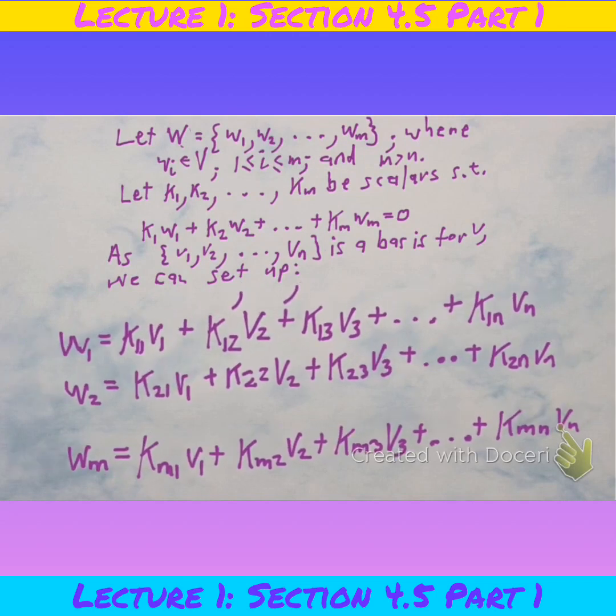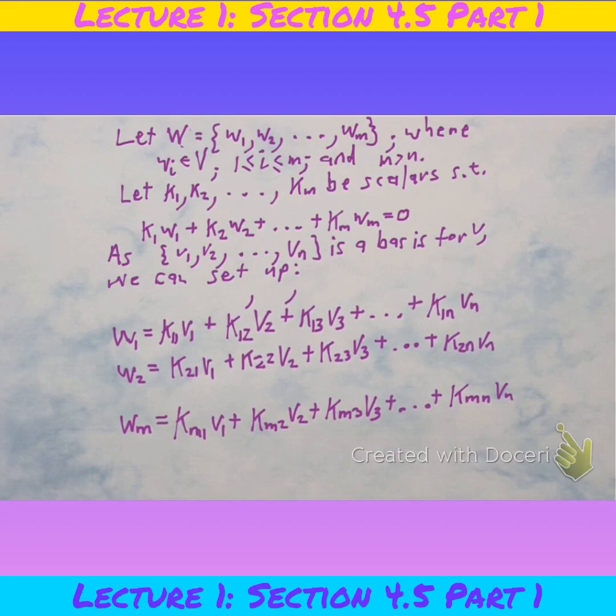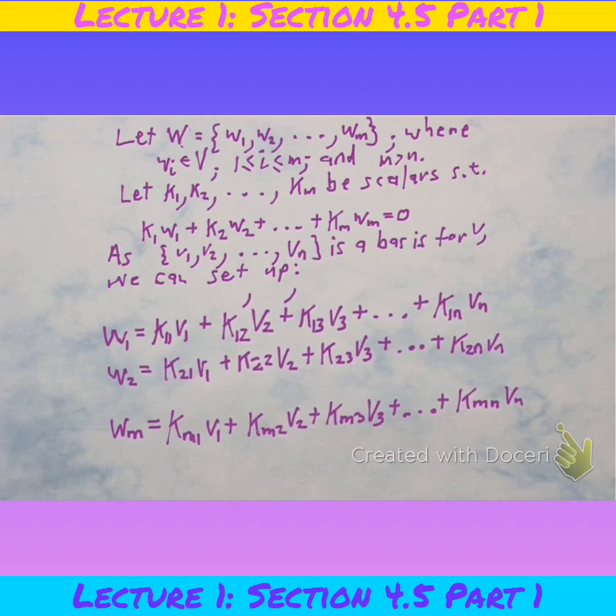So there's a system of equations that we can set up, right? Basically, it's all the vectors in W expressed as linear combinations of vectors in the basis.